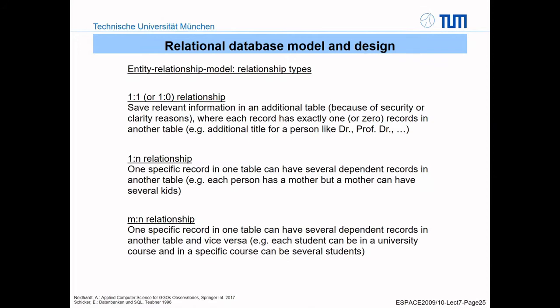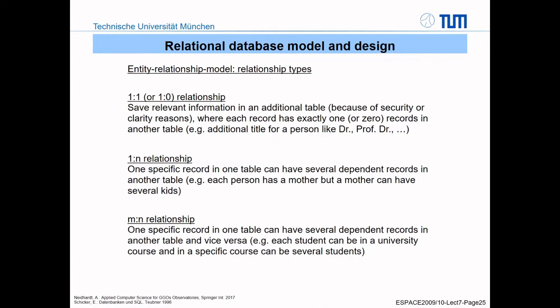A 1-n relationship is that, for example, a specific or one single record in one table can have several dependent records in another table. So a sample is a mother and the child. Each child usually has one mother. So there's only a 1-to-1 connection, but a mother can have several children.